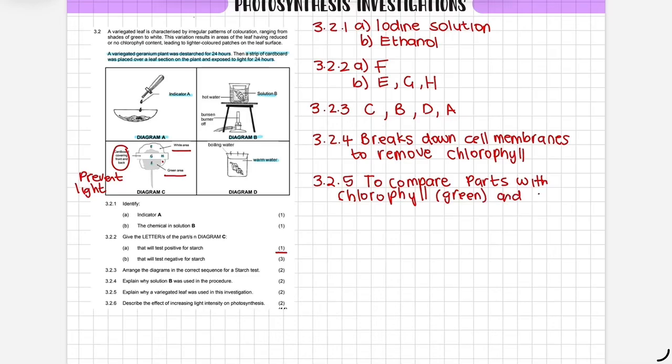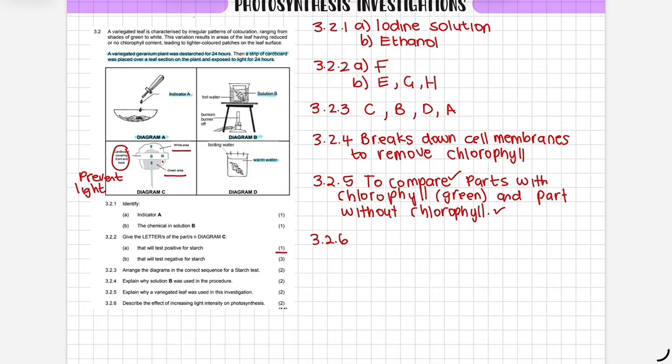So it's used as a comparison. Remember that explain questions require you to describe and give the why. So it's a 2-mark question. The first mark goes to compare and the other part will be where the other mark goes.